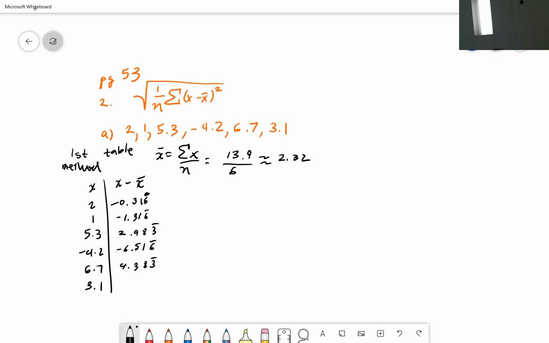And 3.1 minus this, and here it is, that's 0.783. And so now we square them.